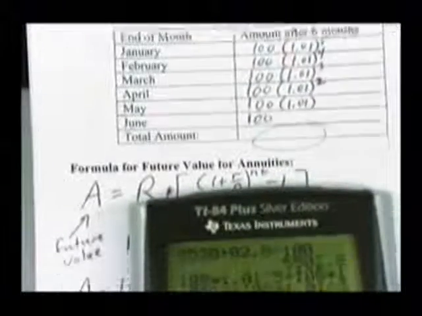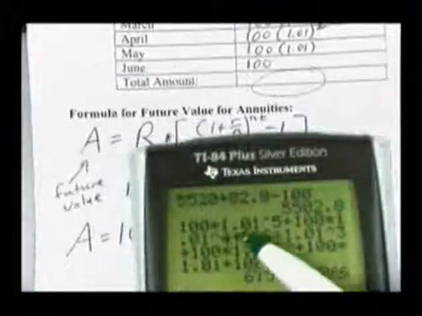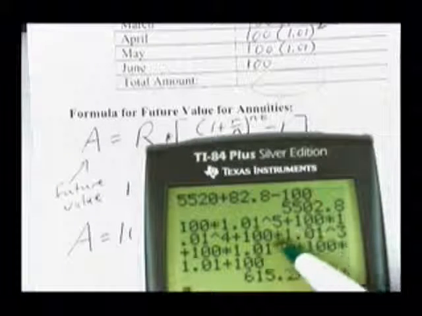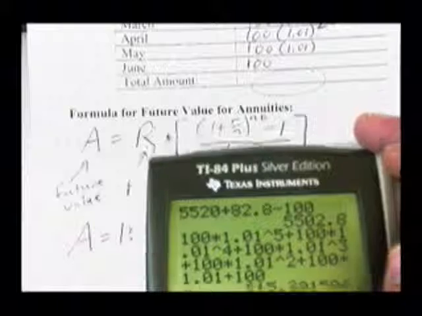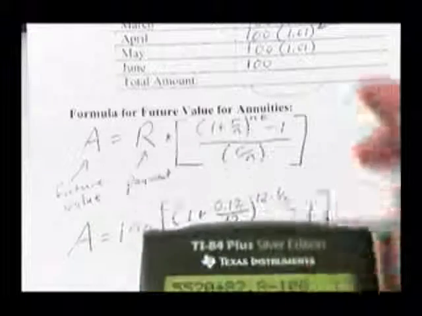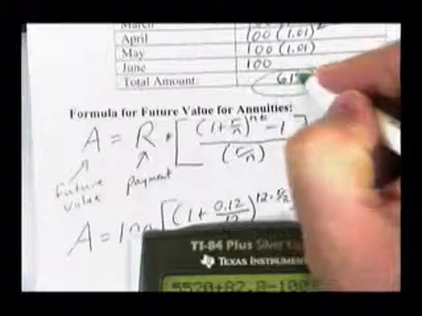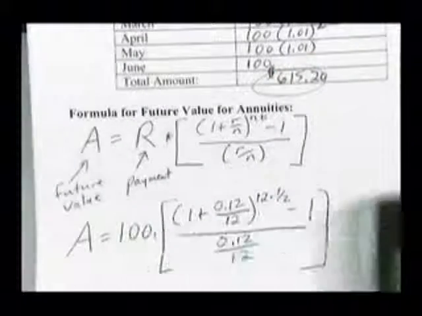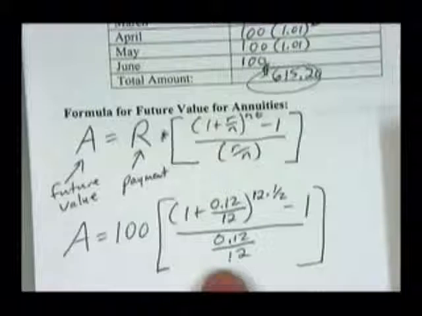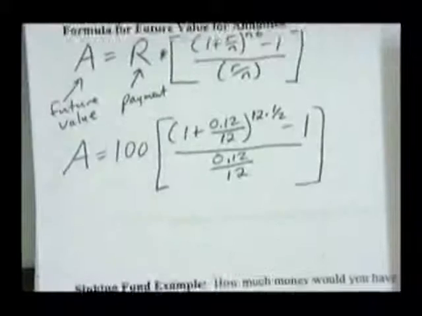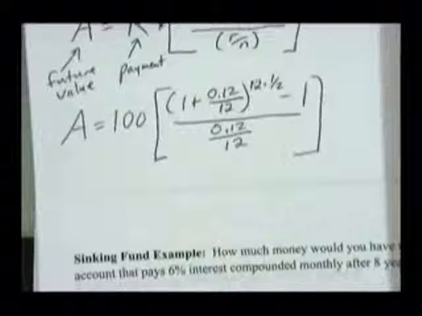I did 100 times 1.01 to the 5th plus 100 times 1.01 to the 4th plus and so on, and I got a total amount from up above of $615.20. All righty. Now what I'd like to see is if this thing is going to come out the same way, and it should. So let's see if we can work with that on the calculator.